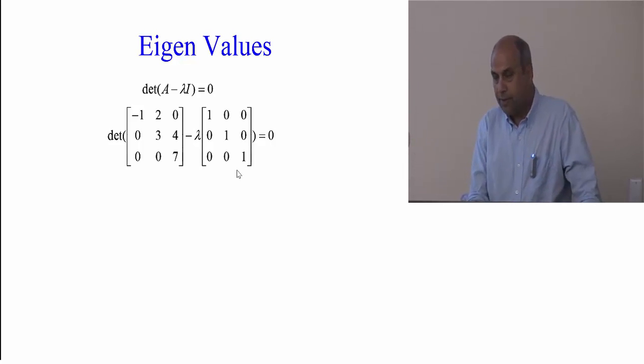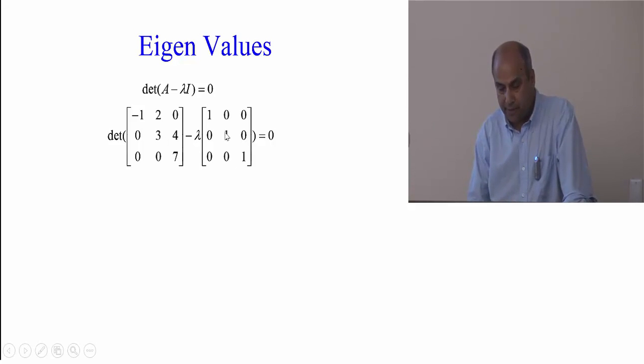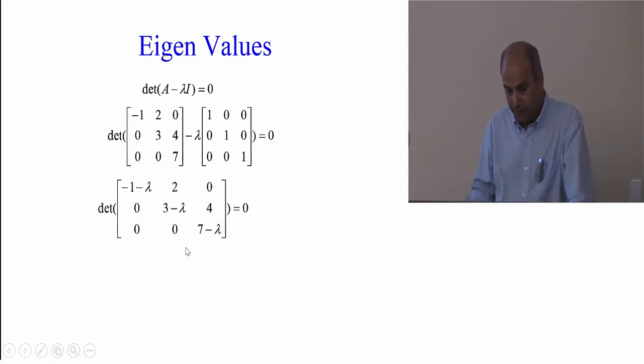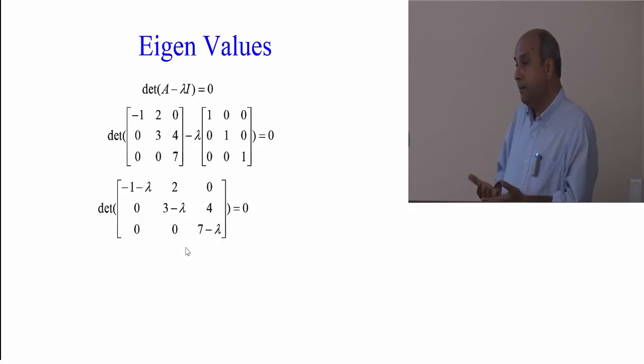It's like a 1 in your scalar world. So we are going to subtract this from that, and we get -1 minus lambda, 2 minus 0, 0 minus 0, 0 minus 0, and so on, 3 minus lambda, and this is the subtraction. Then you find the determinant.